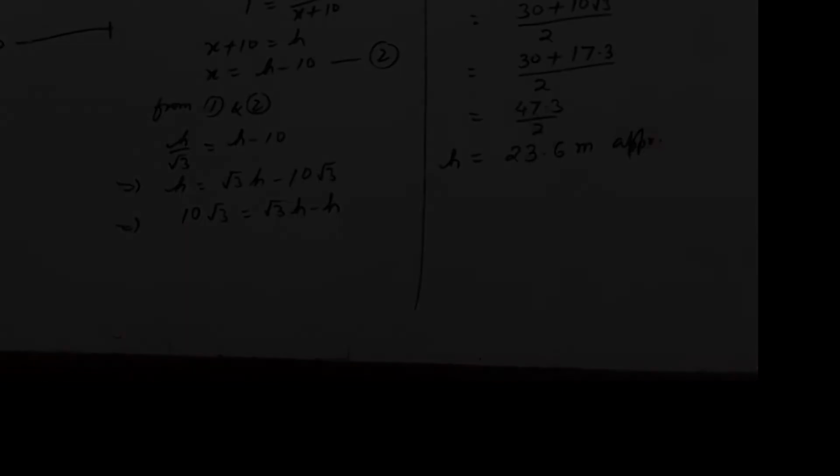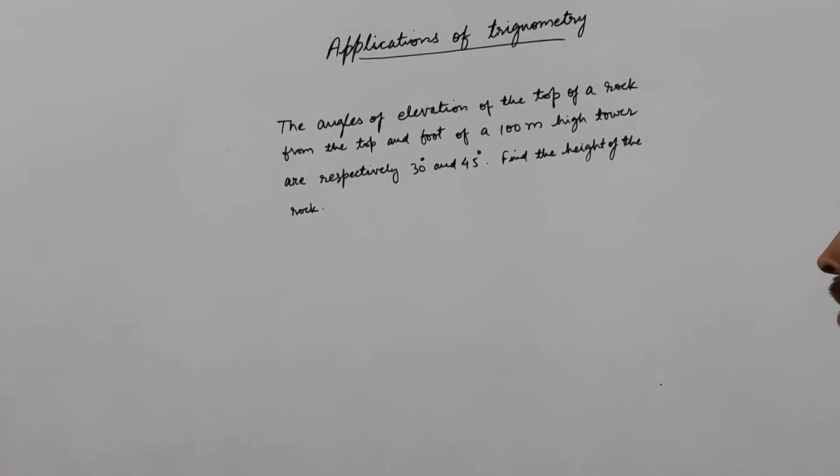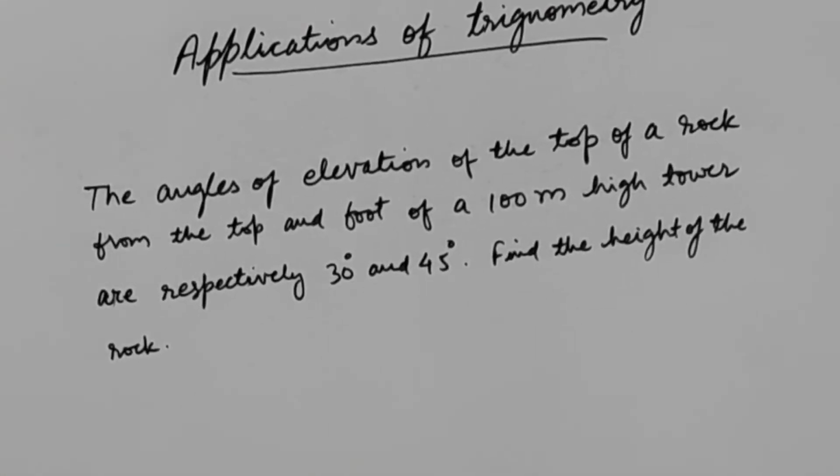The angles of elevation of the top of a rock from the top and foot of a 100-meter high tower are respectively 30 degree and 45 degree. Find the height of the rock.